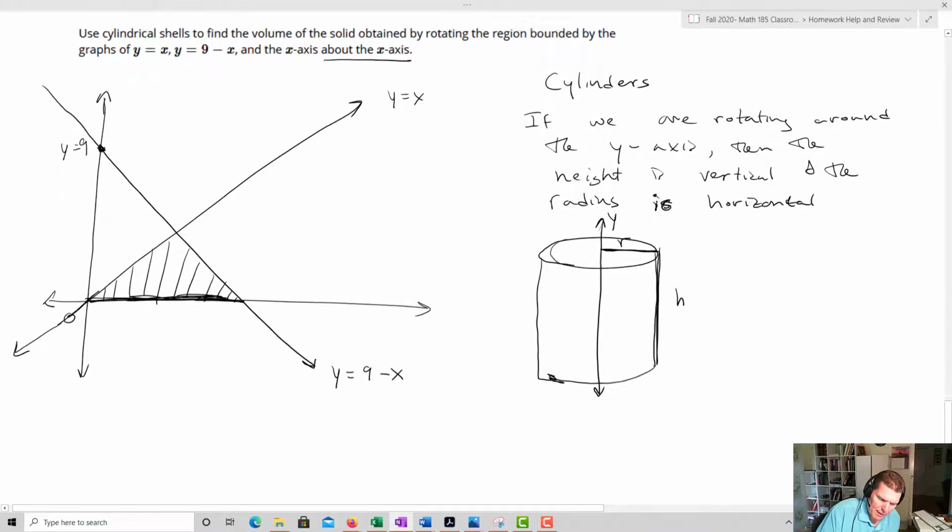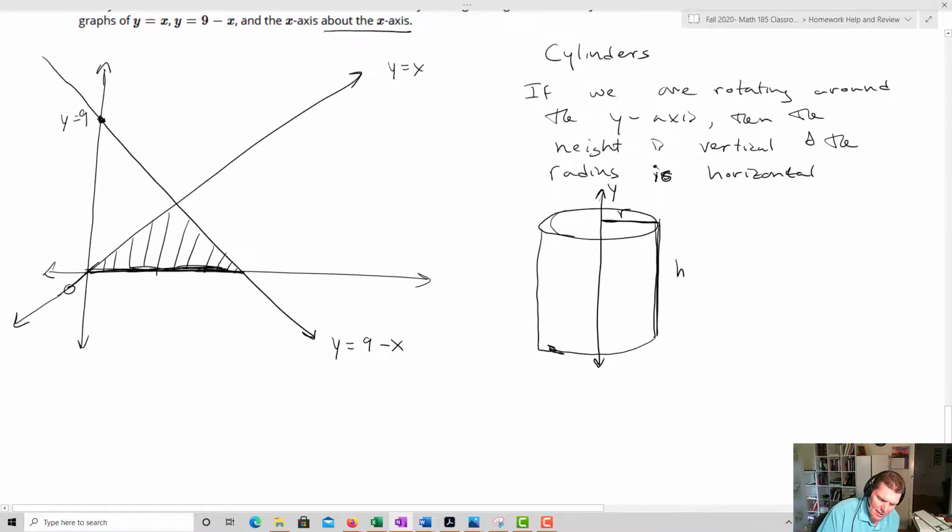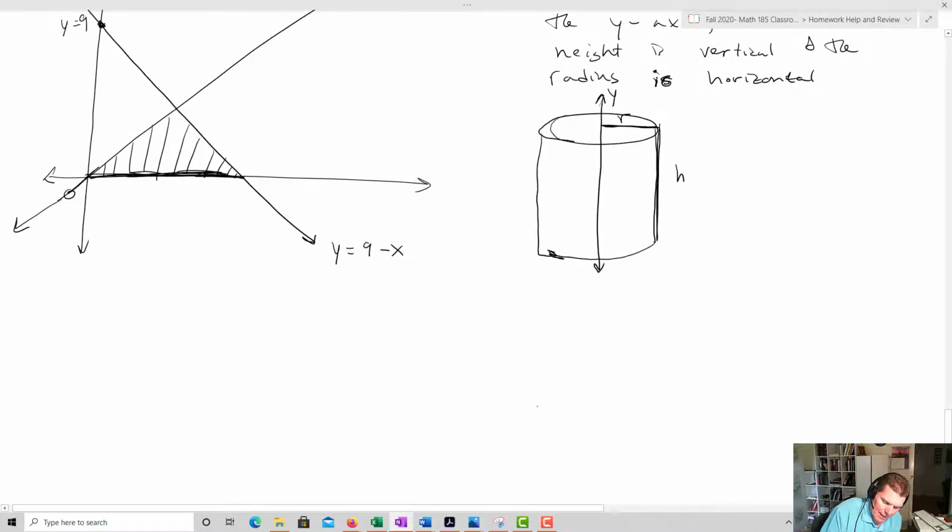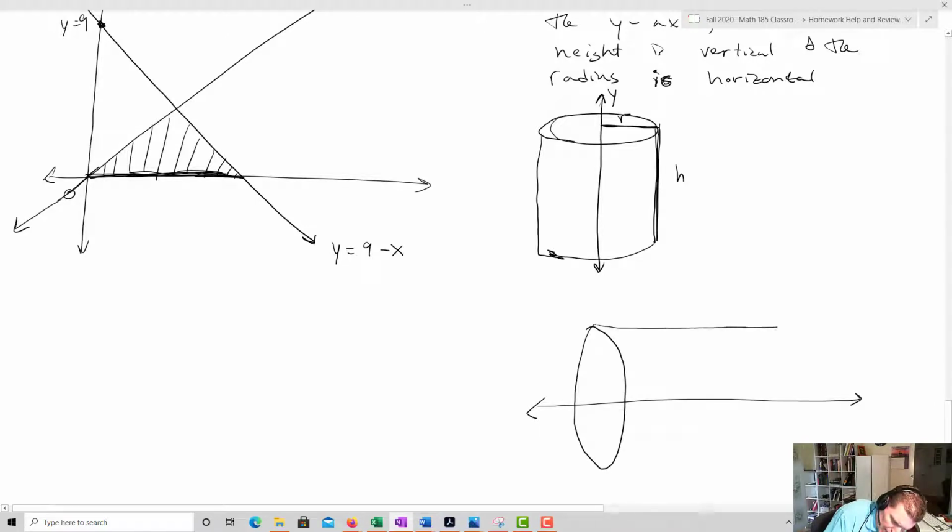So if we think about this in relation to the x-axis, let's say we did the x-axis here, and now we imagine we're rotating a cylinder around there. In this case, my radius is going to be vertical, and my height is going to be horizontal.